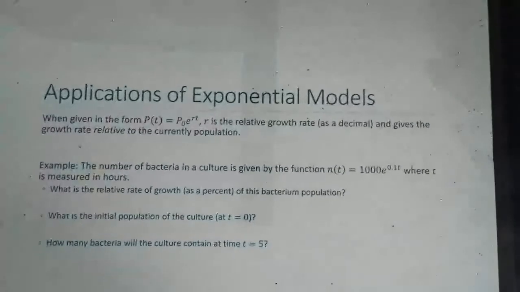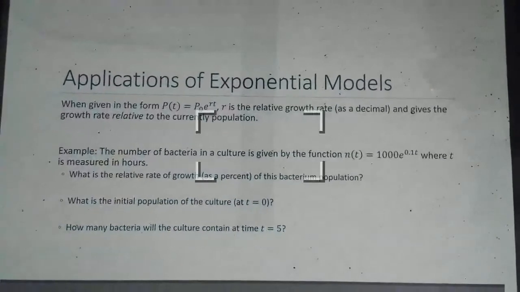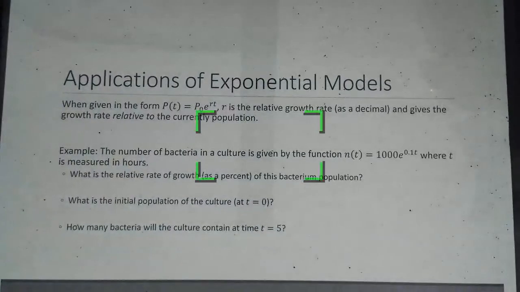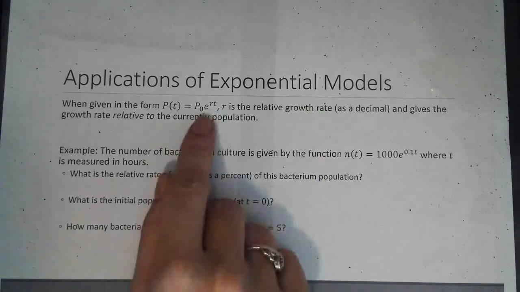We have just one more problem. We've been working with y equals a times b to the x, or y equals a times b to the t, but it's also pretty common to use e as a base. So if you're given a problem in the form P of t equals P sub 0 e to the rt, so P sub 0 is going to be the initial value still.